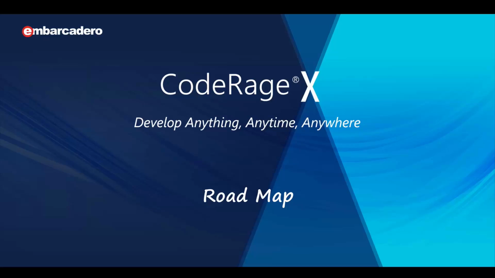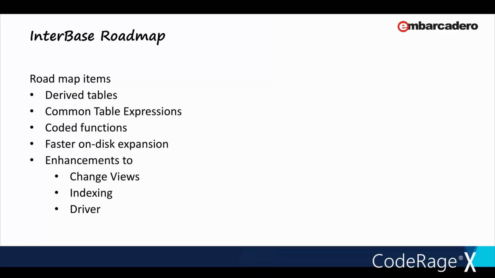So that's a fair bit about InterBase. Just about the roadmap now. We've delivered pretty much everything we were going to deliver and promised to deliver last year. We've been working hard on making sure that new features have got the extra oomph around the edges as we've been going through with XE7.